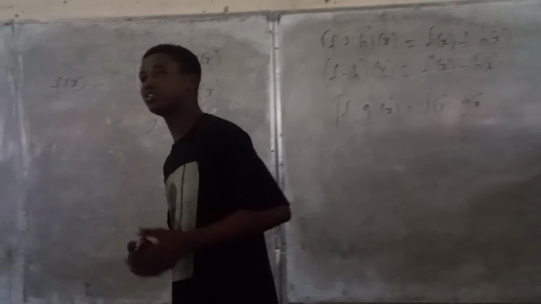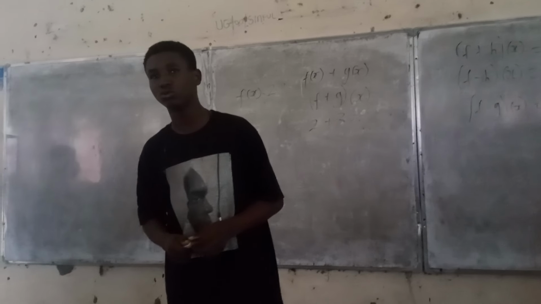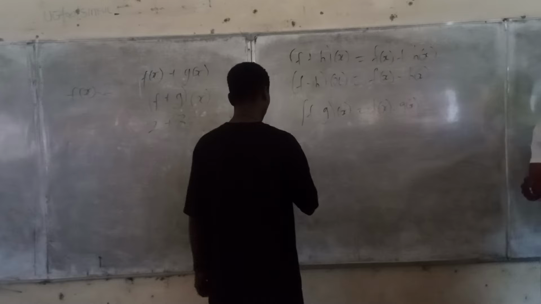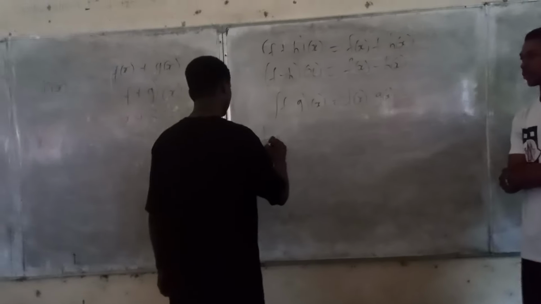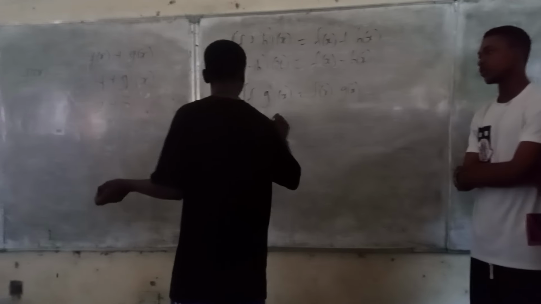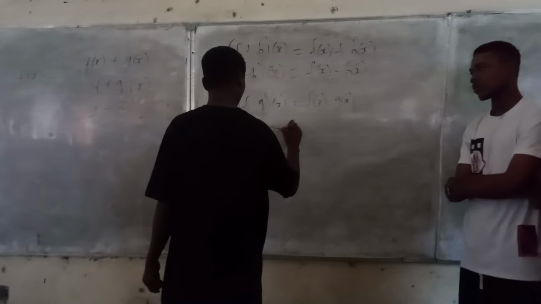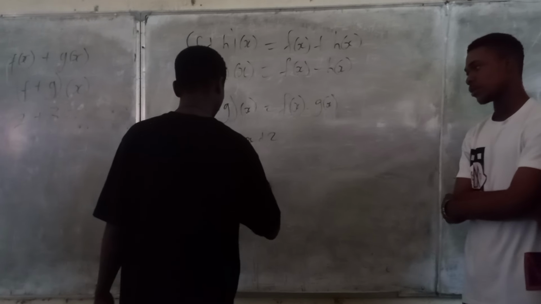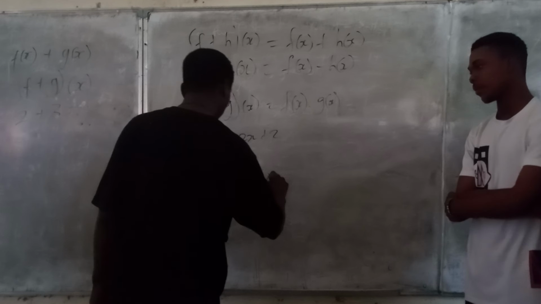Then we talk about the reciprocal of the function, which can be written as 1 over f of x. For example, we have 2x plus 2, which can be written like this.